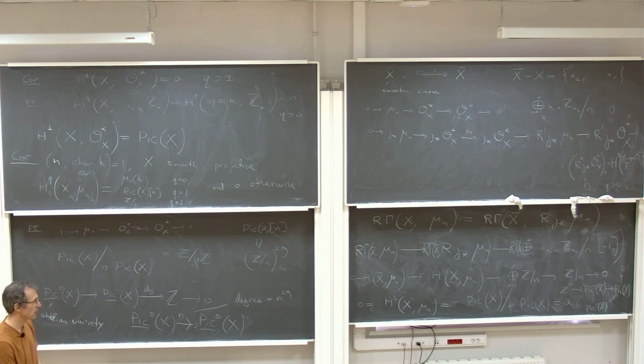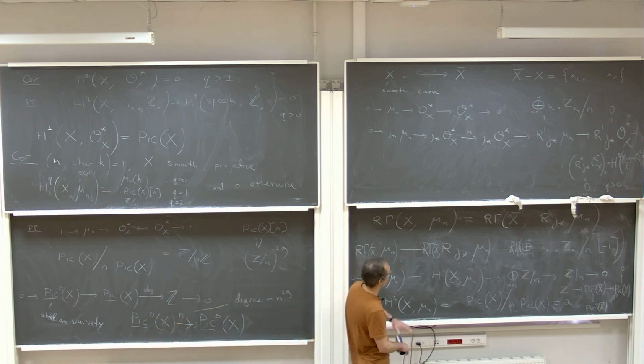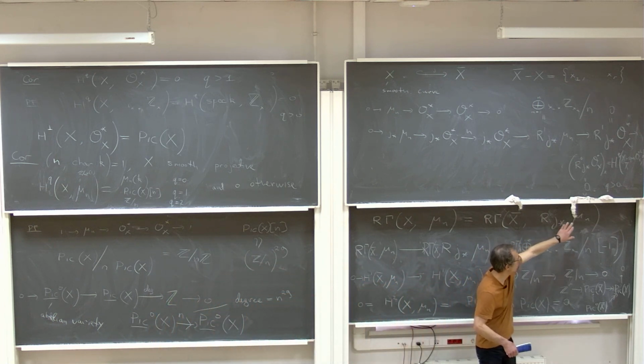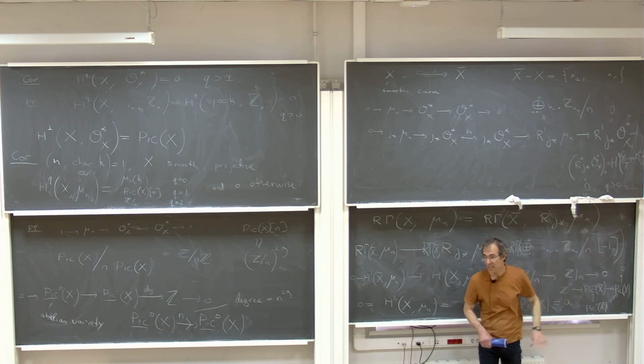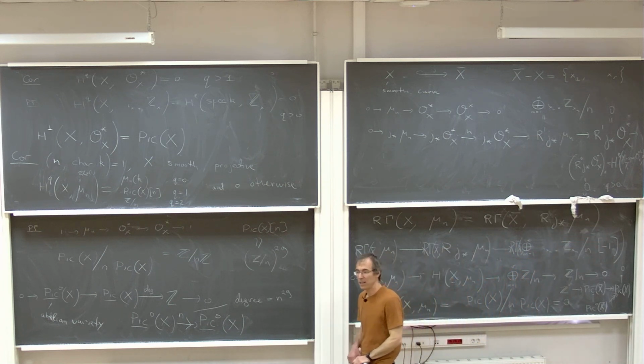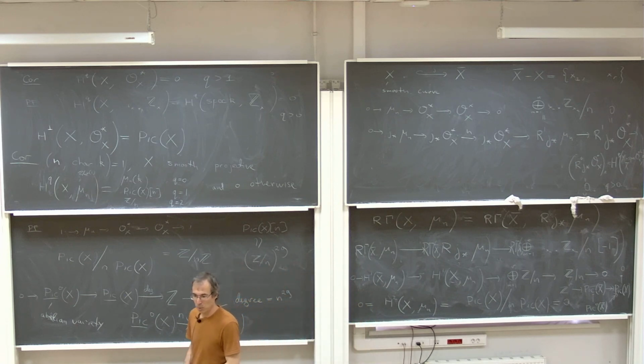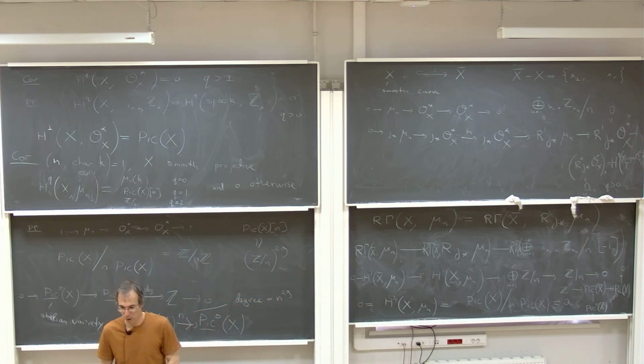For number fields, the difficult thing will be to show, for example, vanishing of Rj_* of G_m. This computation is the main step in the classical proof of the computation of the Brauer group of local fields.